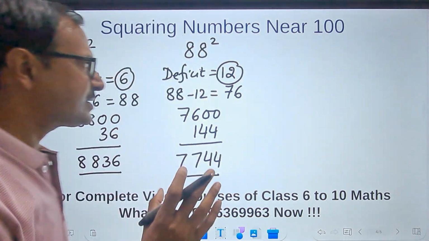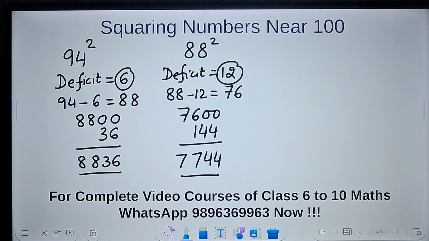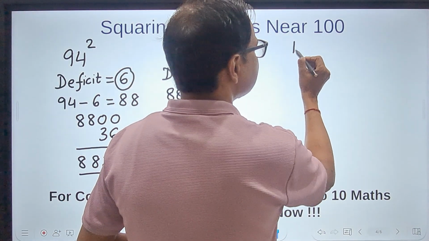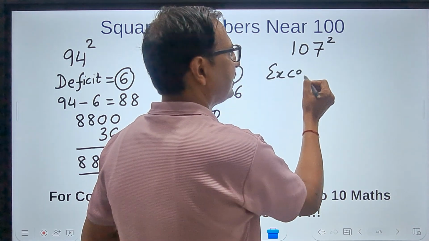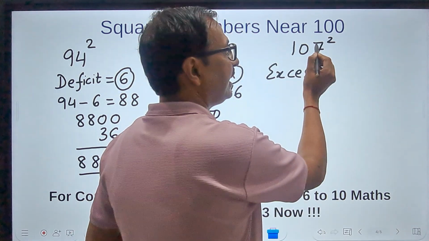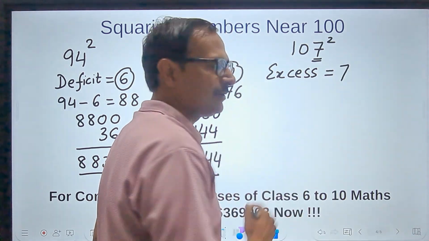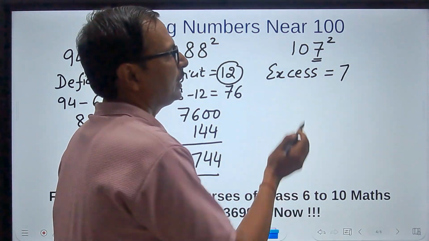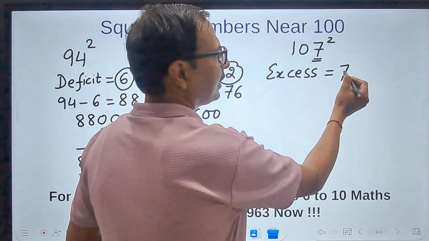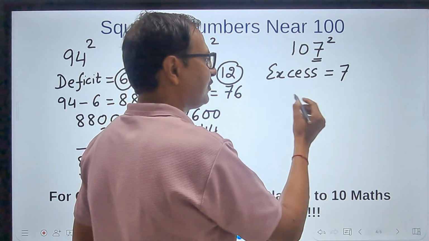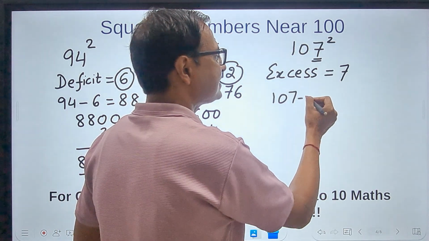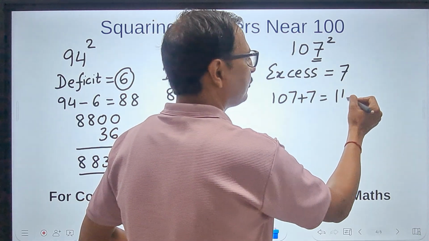Now the trick works amazingly well for numbers which are above 100. So you will see 107 square. Now there is excess. And how much is the excess? Excess is this 7, right? Now if you subtract them, 107 minus 7 will give you 100. So I will add them first. 107 plus 7 gives me 114.